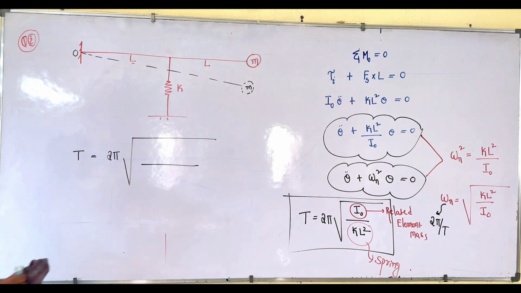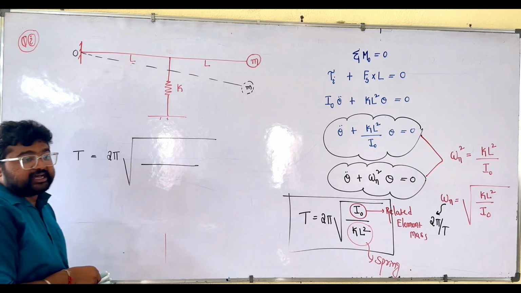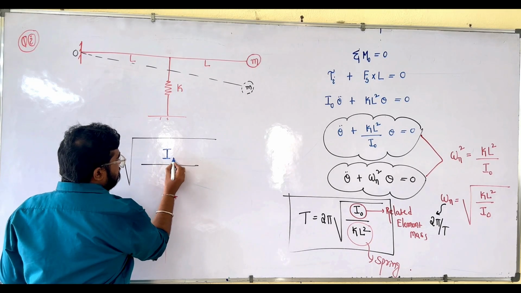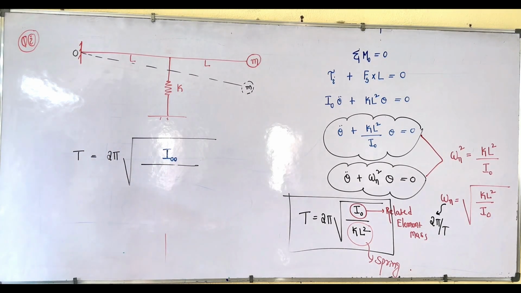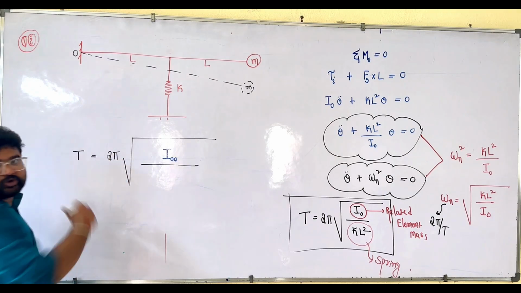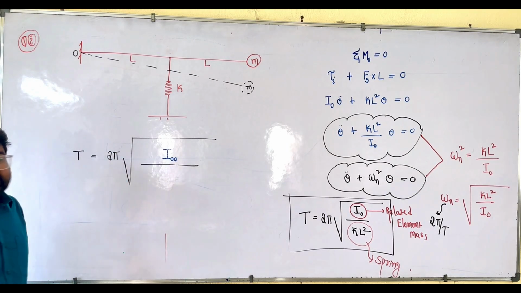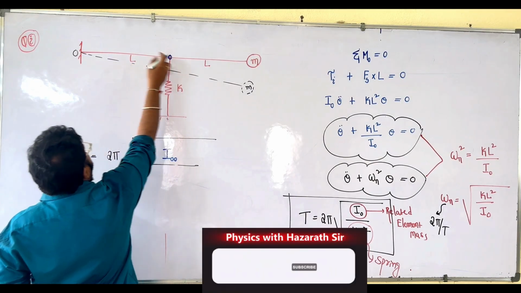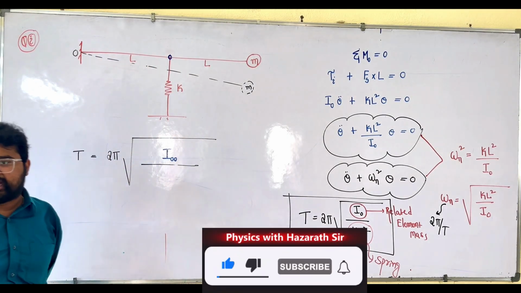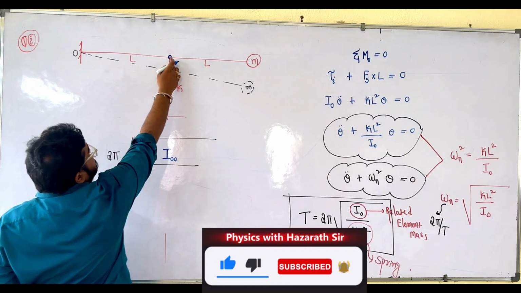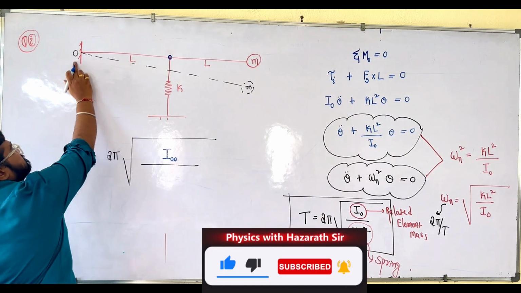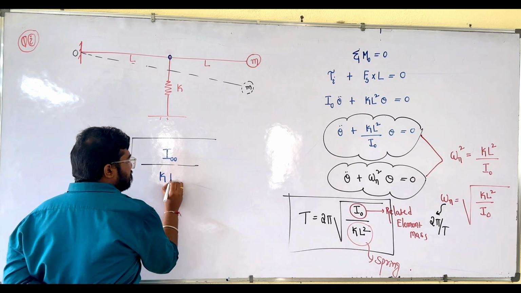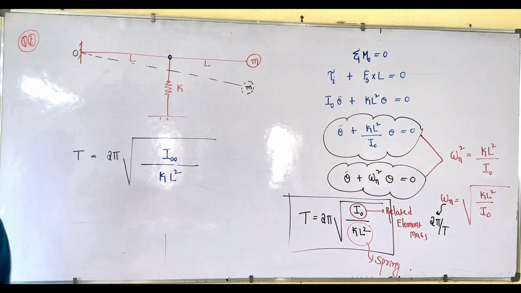So the numerator is the mass moment of inertia of the element mass about point O. What is the denominator? K into distance square. Understand? The distance from the spring attachment to the disturbance point is L. So the denominator is K L square. However many K's there are, that many will come.